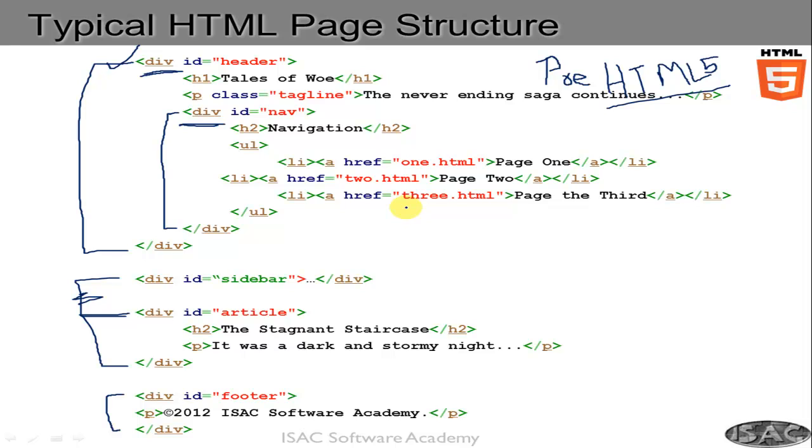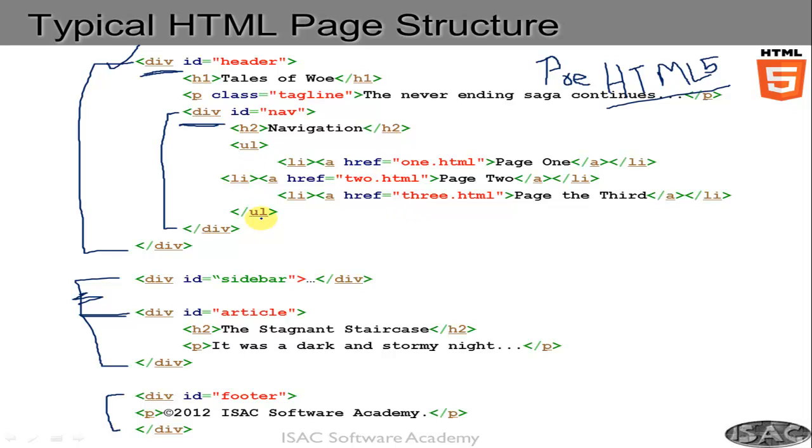Now in HTML5, they have gone away from this concept and introduced special tags so that you don't have to use div, and anybody can look at the HTML document and figure out which part is exactly the header, which part is the footer, which part is the main body, which part is the sidebar, and which part is the navigation. How can you figure that out from an HTML document?